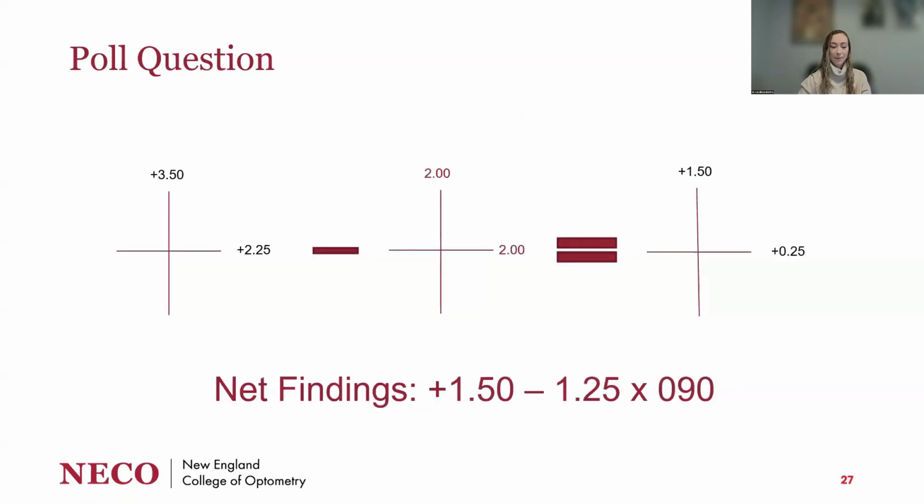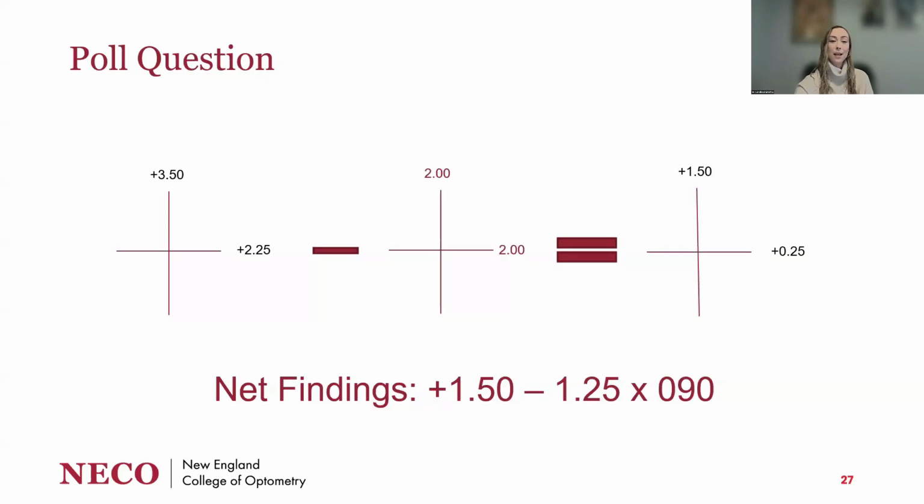Looking at this example, you can see that as we scope and neutralize the 90 degree meridian, we neutralize with +3.50. When we rotate our beam, we neutralize the 180 degree meridian with +2.25. Our most plus meridian is the spherical component.